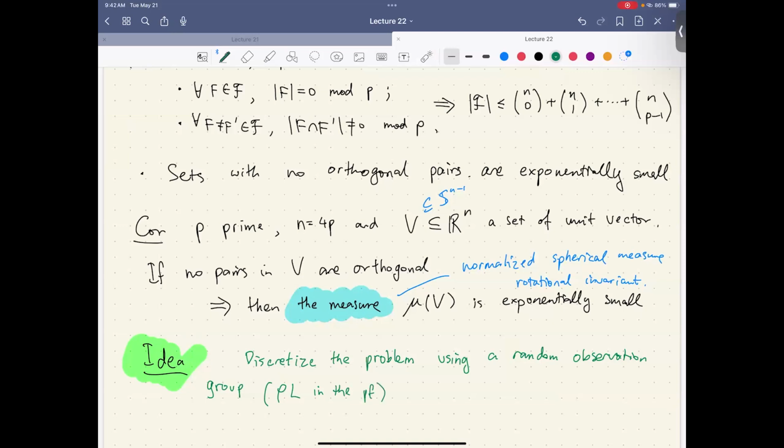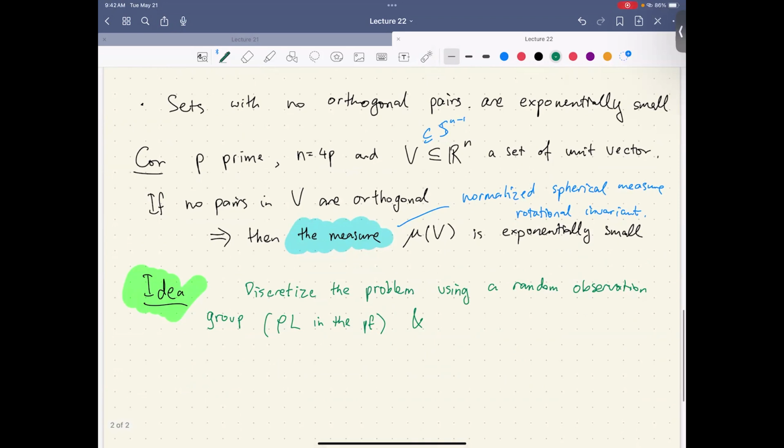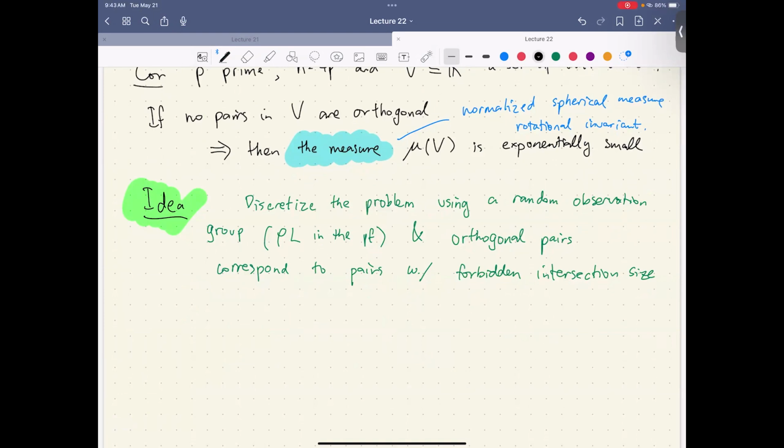We will see what this is. Such that orthogonal pairs correspond to pairs with forbidden intersection size.